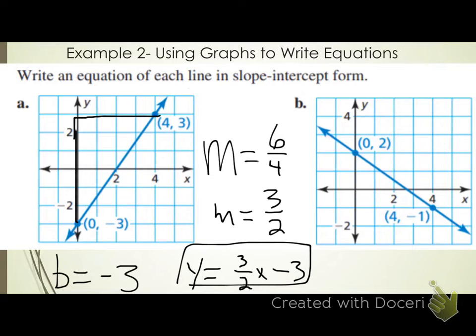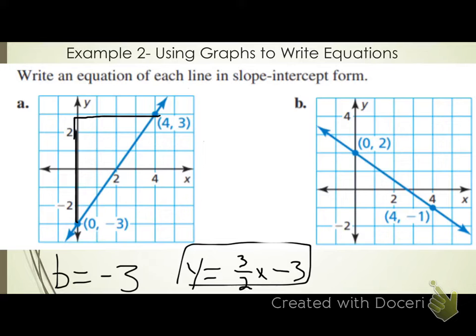What's another way I could have found the slope? You guys remember? Is it that y2 over y1 thing? It's not y2 over y1 though. It's y2 minus y1 over x2 minus x1. There you go.